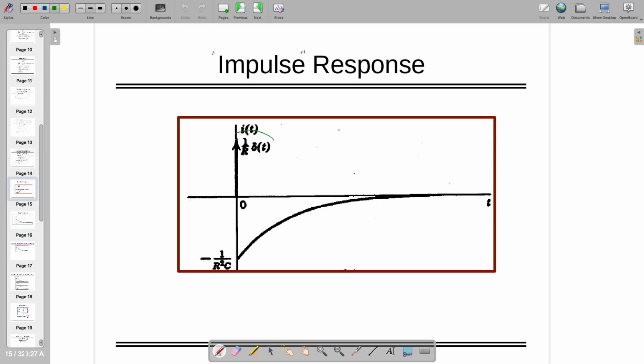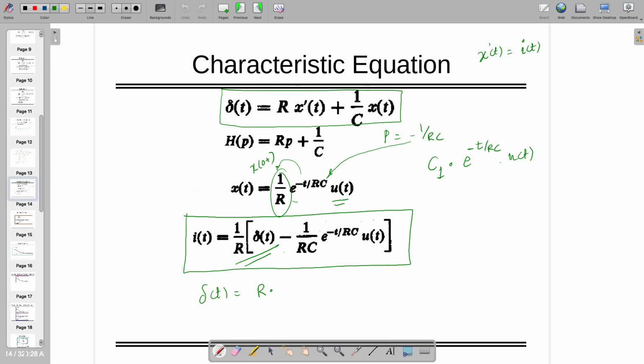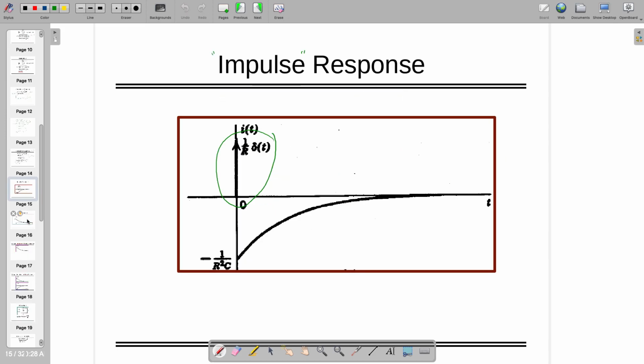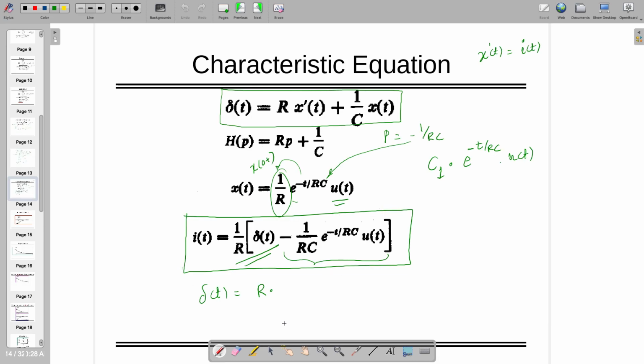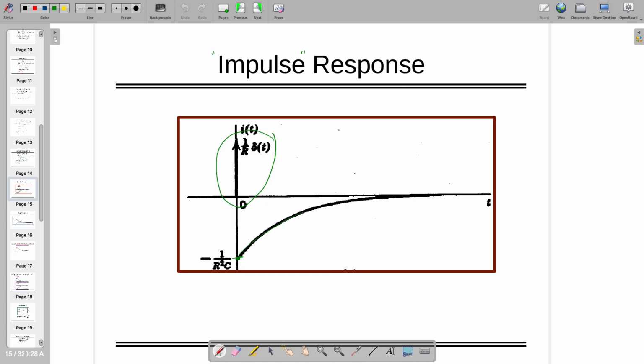It has one function which is 1 by r times delta of t, which is only one impulse at the particular time where t equal to 0, right? And another is minus 1 by rc at t equal to 0. It starts from minus 1 by rc and keeps going in the reverse way, e raised to minus t by rc, but it's in minus, so it will go this side. The addition of these two is the solution, right?